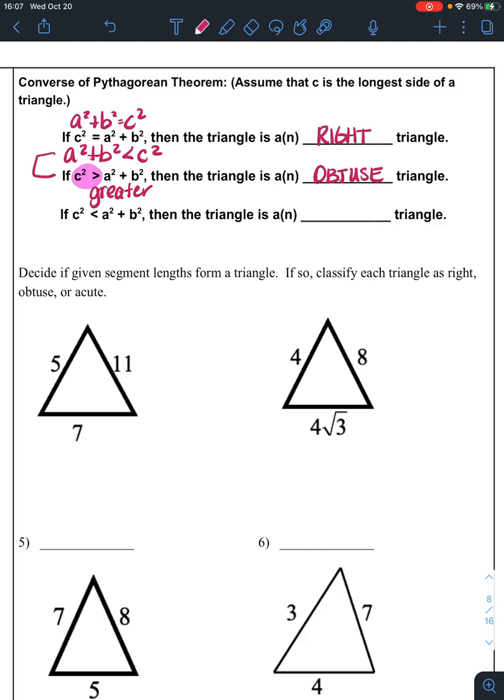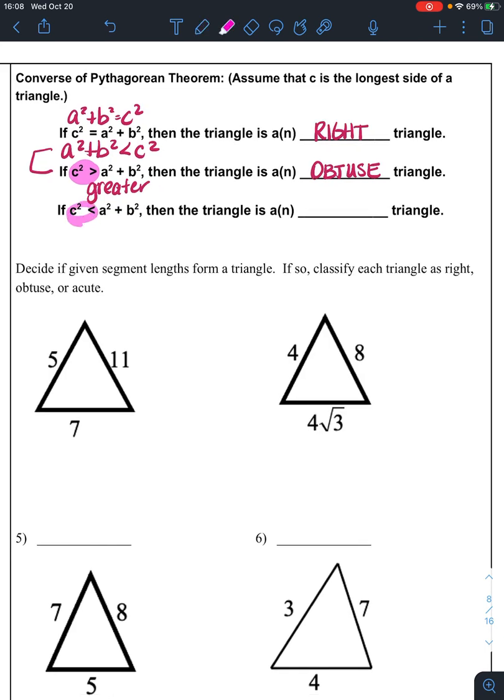I just wrote them in a different order, but they're exactly the same. Notice the symbol is pointing in the same direction. It's pointing towards a squared plus b squared, which means a squared plus b squared is less. But I think that thinking about obtuse and greater goes together, and if c squared is less than, it goes with acute, because acute angles are less than 90, obtuse angles are greater than 90, and so it's always easier to base it off of what happens with c squared.